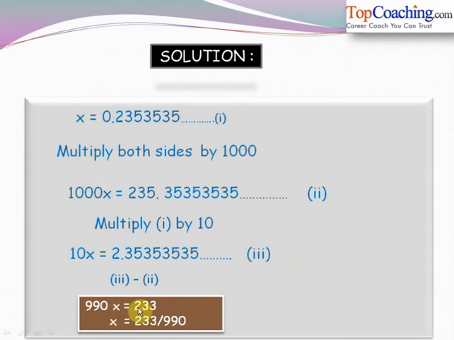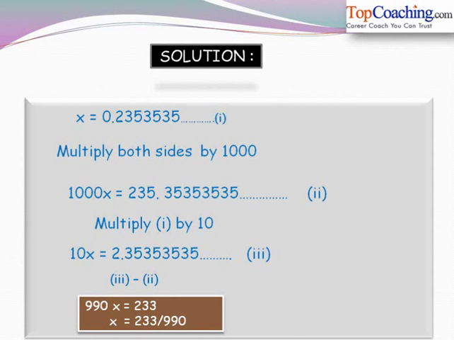So third minus second, and what we get is 990x equal to 233. When we subtract the third equation from the second, on the LHS we get 990x, and on the right-hand side we get 233. So x would be equal to 233 by 990, and this is actually in the form of p by q, where p is equal to 233 and q is equal to 990.